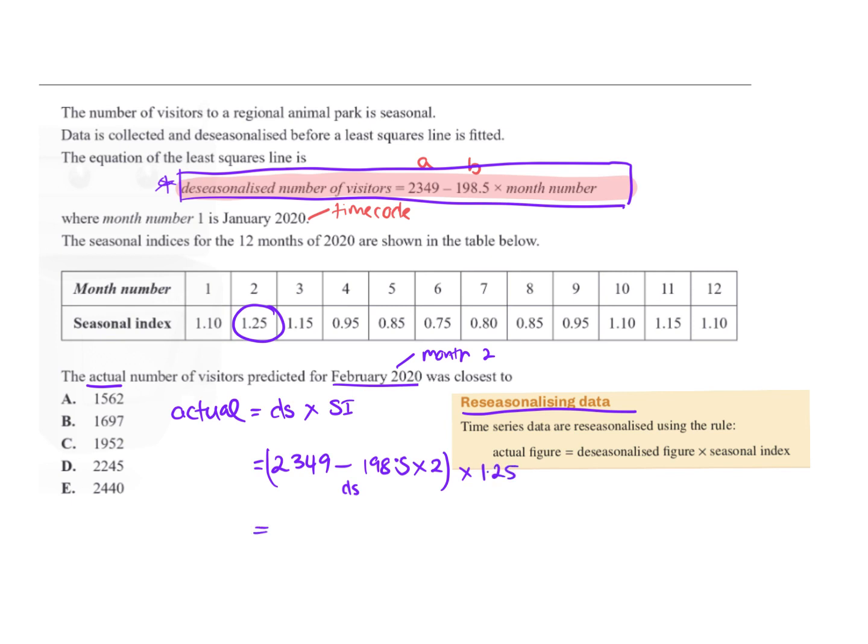Okay, so this seasonal index is that number there. This DS was, I used the formula up here. Okay, and then we get a value, and I get it to be 2440. So that's how I found that one.